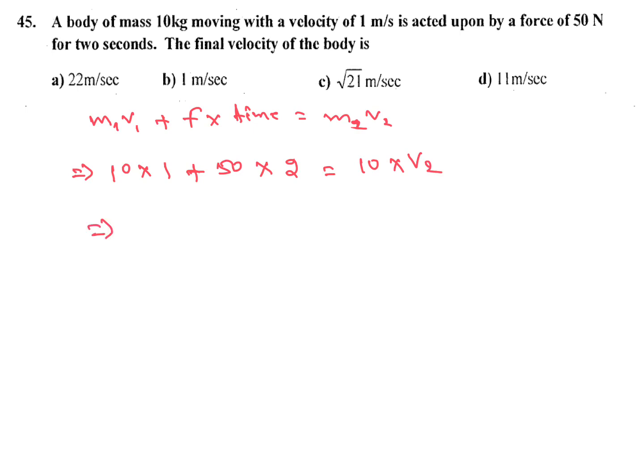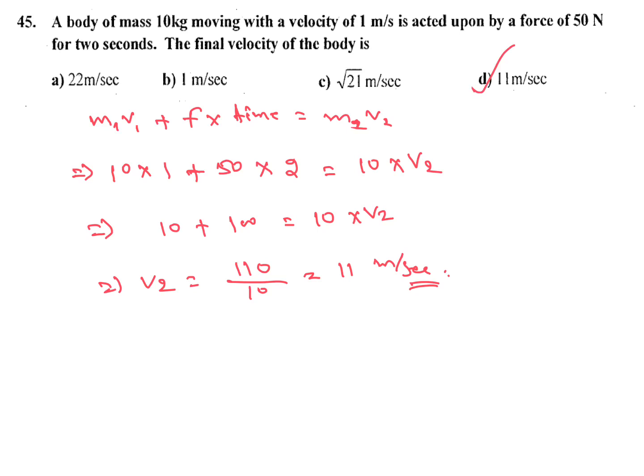Solving, 10 plus 100 equals 10 V2. We have to calculate the final velocity of the body. It's 110 by 10, which is 11 meter per second. This is the impulse momentum principle. So D is our answer.